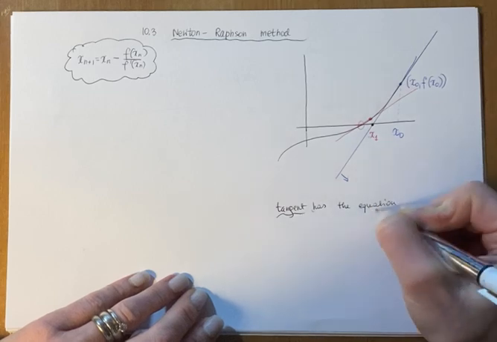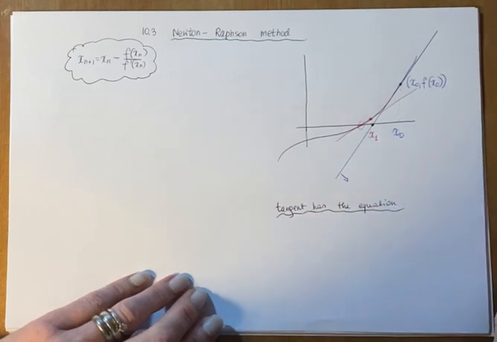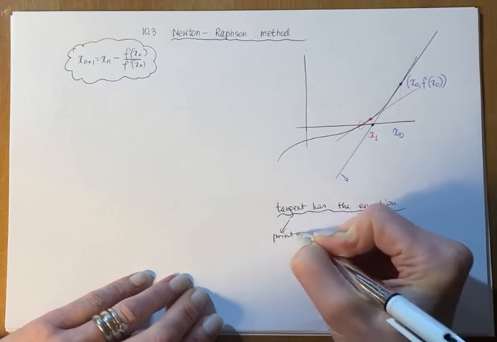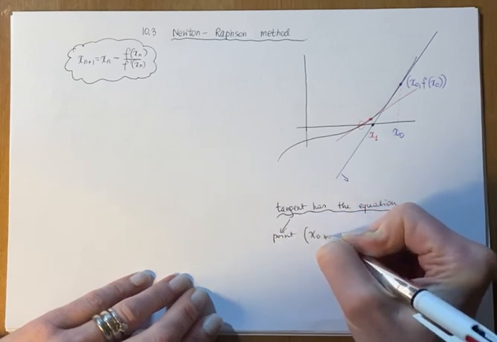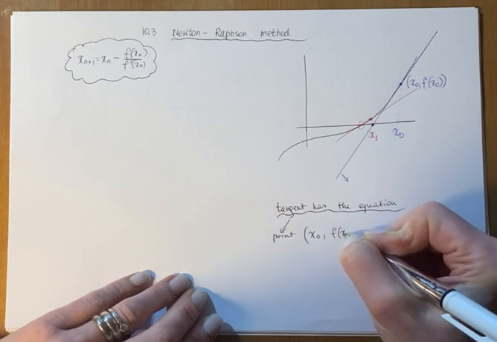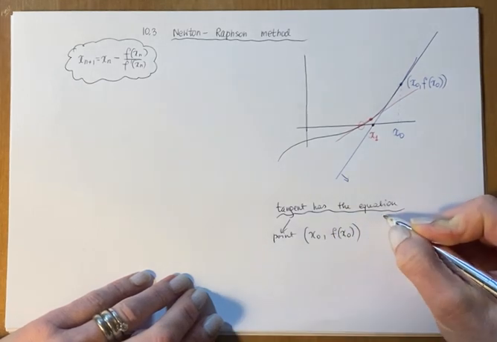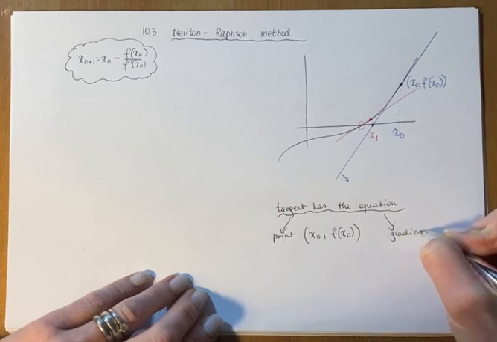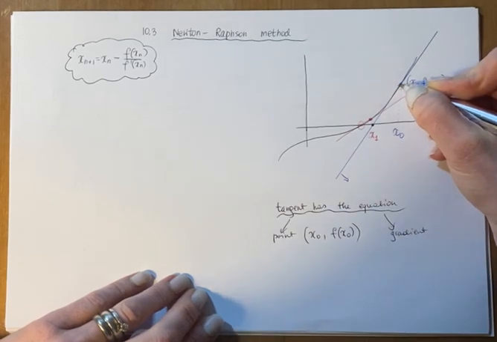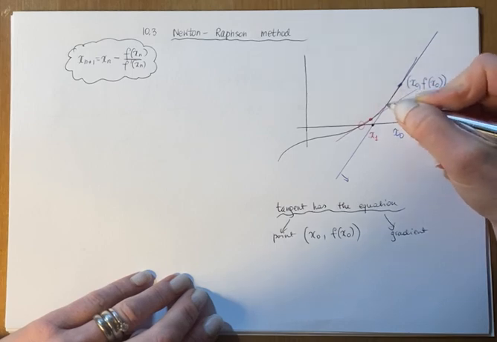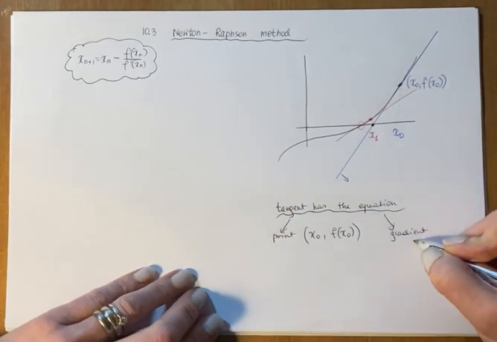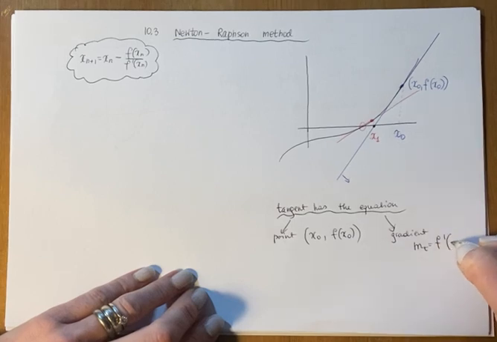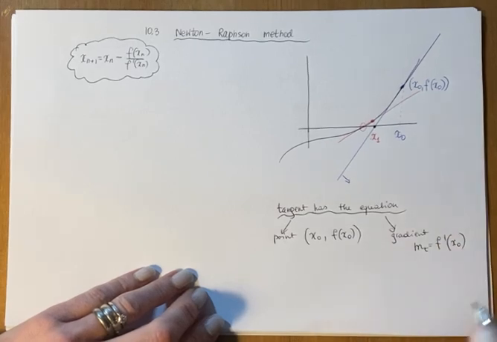Remember, you need the gradient and you need a point. We've got the point. So the point is x0 and f of x0. And we need the gradient. The gradient is simply the value of the derivative of the curve at that point. So the gradient of the tangent is always f dash of x0 in this instance.